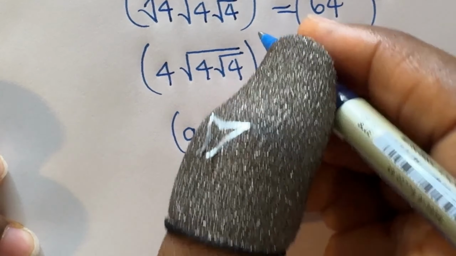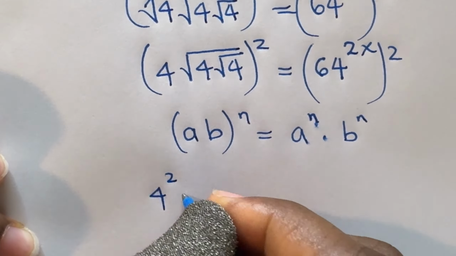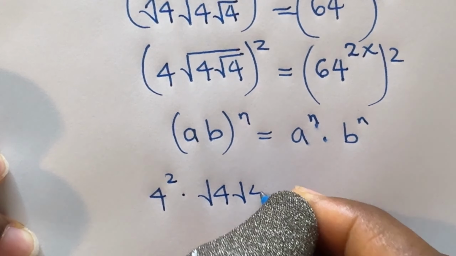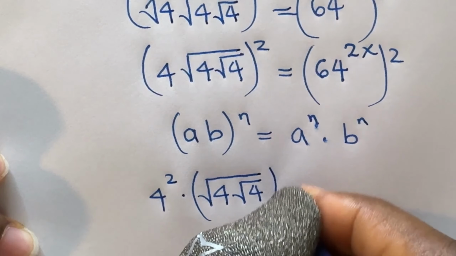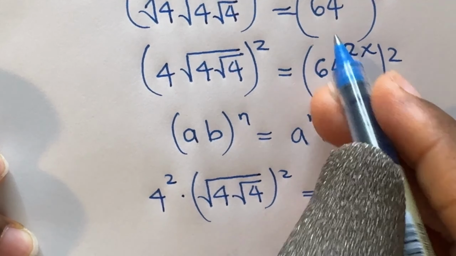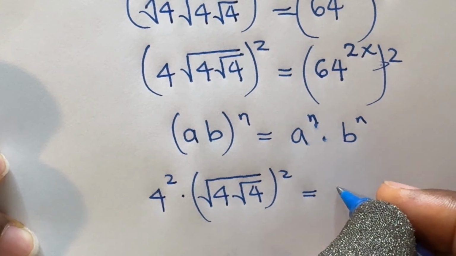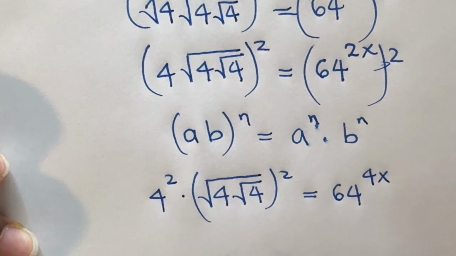Therefore, this becomes 4 raised to power 2 times the square root of 4 times the square root of 4 raised to power 2 is equal to, the same way we opened it earlier, we do that again to open this, giving us 64 raised to power 4x.